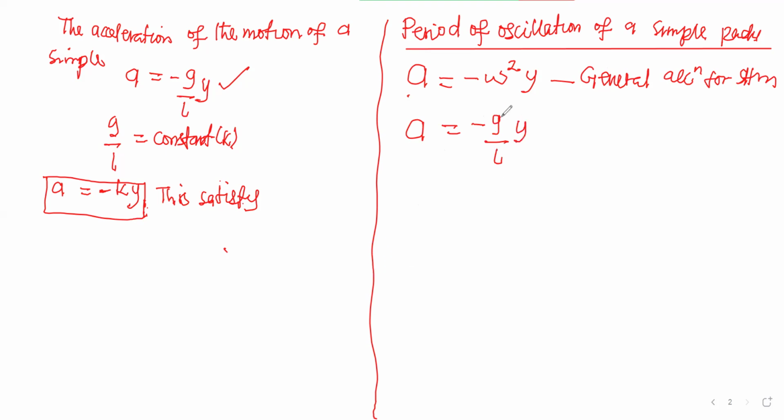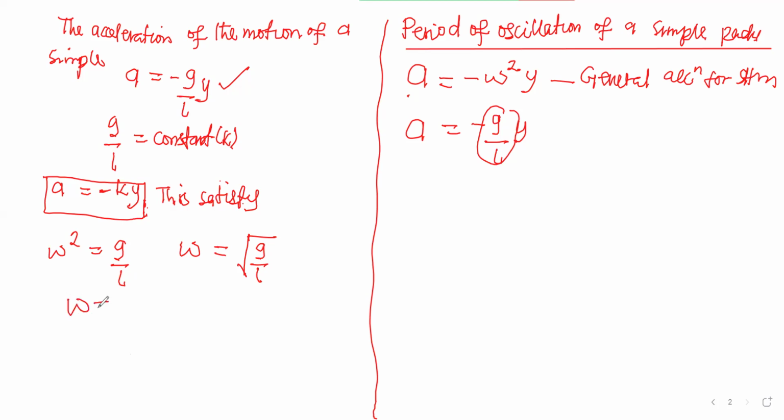When we compare, we can clearly see that omega squared is equal to g over L. And we have omega giving us the square root of g over L.